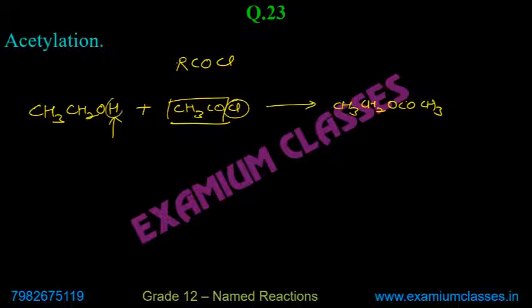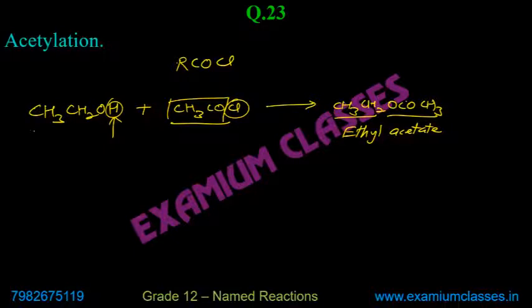This Cl and this H will combine and form HCl. So this will be ethyl acetate. Make sure that you are writing all these reactions and revise today only. If you have too much work today, make sure tomorrow morning, not tomorrow evening.